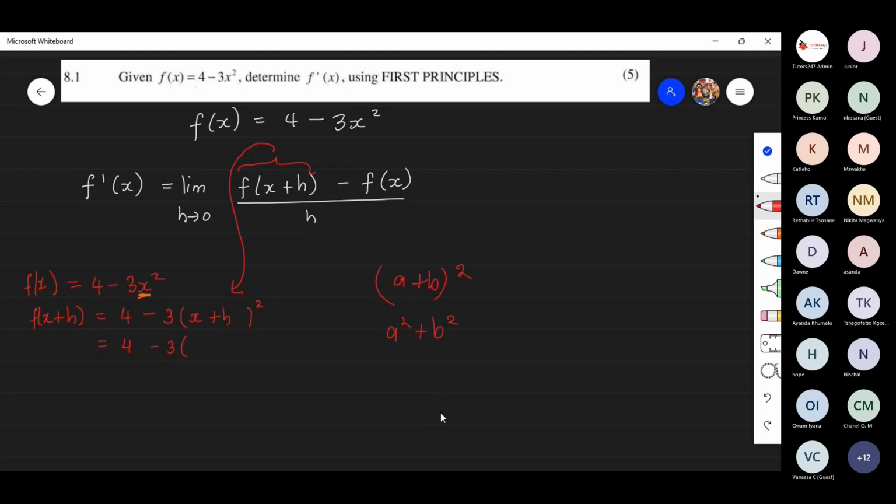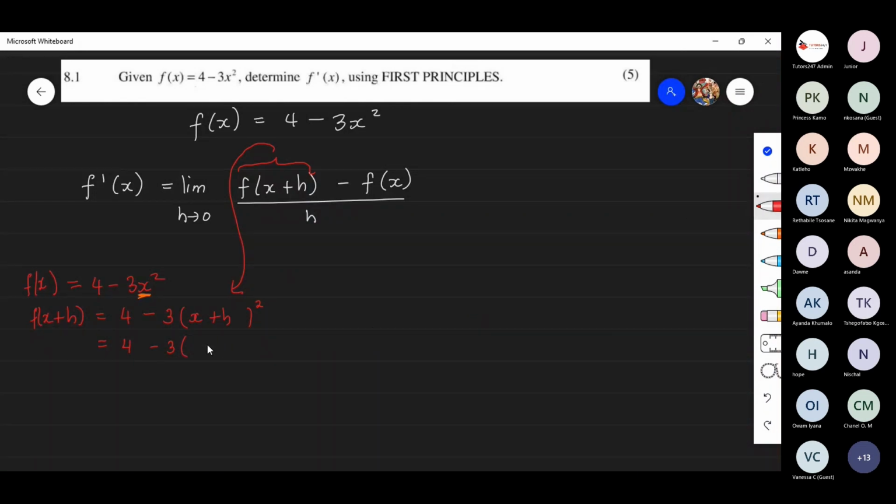That is incorrect. What you were supposed to do is repeat this bracket twice and have a plus b, and then multiply it using your FOIL method. Okay, so let us do that with what we have on the left.